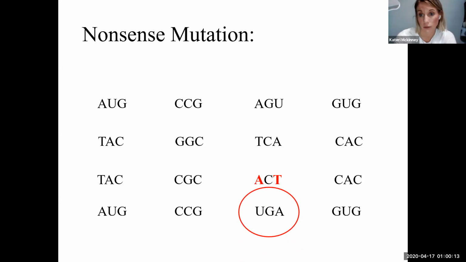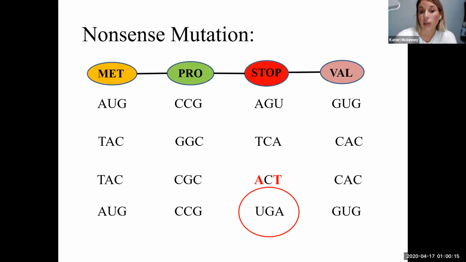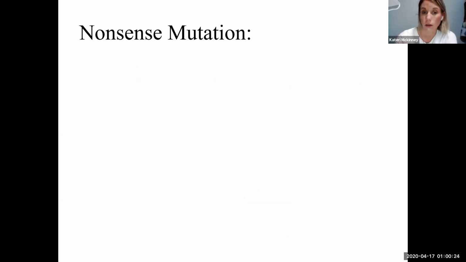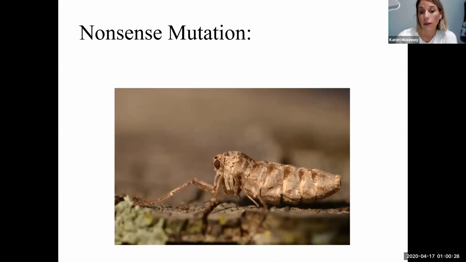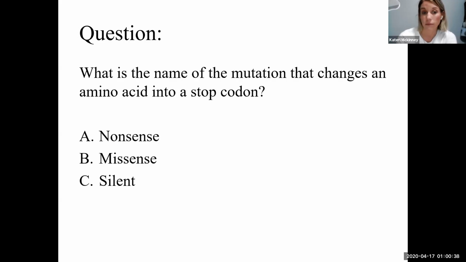We switched it out. We end up with a stop codon. So it doesn't read the full thing. It doesn't go methionine, proline. It just stops prematurely. This ends up with a moth without any wings at all. So now it's a ground-dwelling moth. And again, this is not going to be beneficial to this organism. It's going to have issues because it can no longer fly.